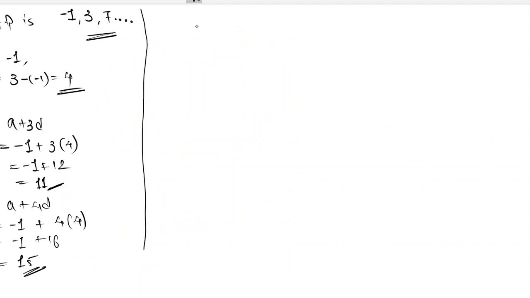Question number 11. A, B and C are in AP. In the question, it is given that A, B and C are in AP. Therefore, B minus A is equal to C minus B, the common difference.